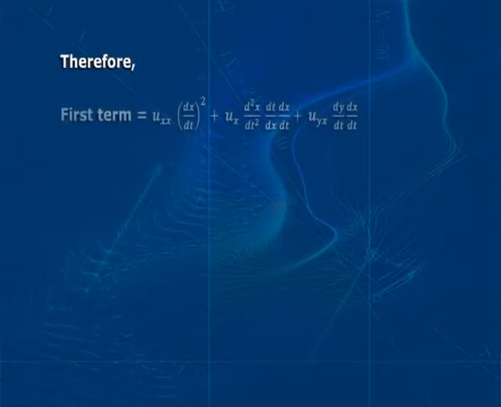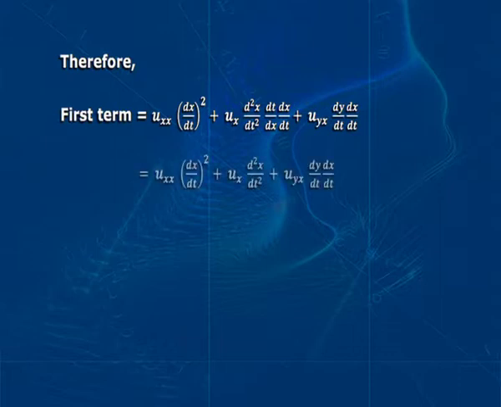Therefore, first term is equal to uxx (dx by dt) whole square plus ux into d square x upon dt square dt by dx dx by dt plus uyx dy by dt dx by dt, which is equal to uxx (dx by dt) whole square plus ux into d square x upon dt square plus uyx dy by dt into dx by dt.